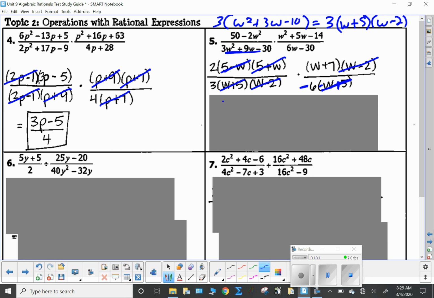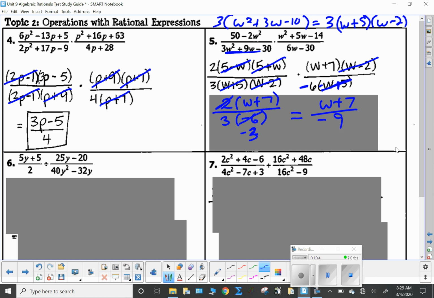I can now say I've got 2w plus 7 over 3 times negative 6. But wait, 2 will go into 6. So this becomes negative 2, negative 3. And the 2 goes away here. Now I have w plus 7 over negative 9.